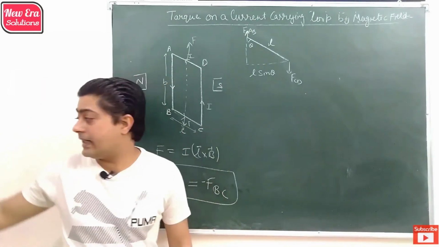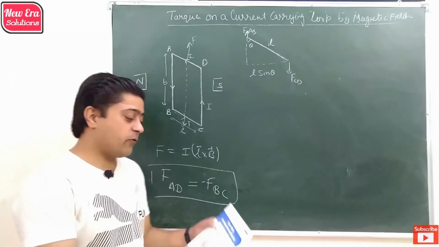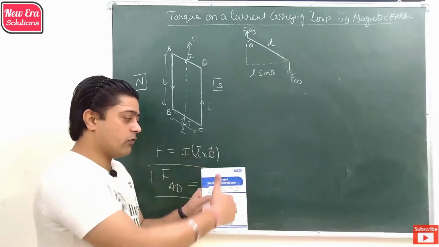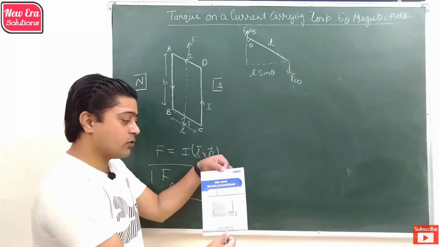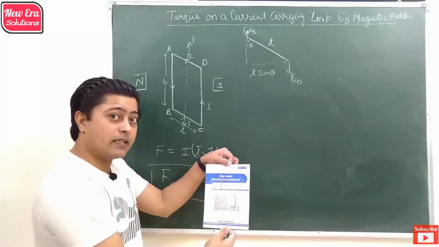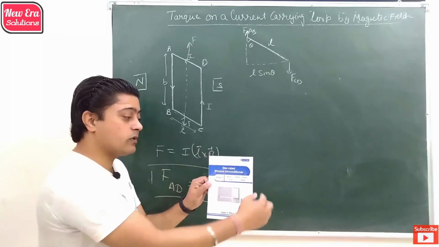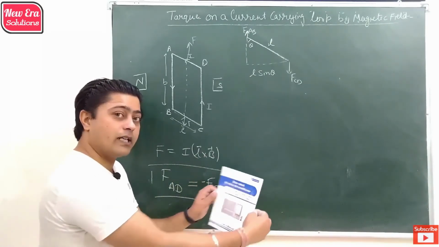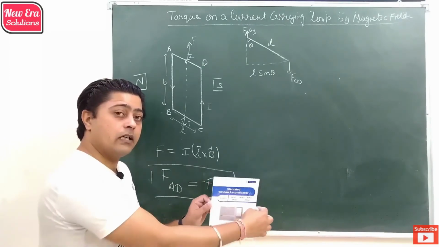To illustrate that, let's take an example. If we have a rectangular loop in which the force acts downward and upward along the same axis, it will not experience any torque. But if two segments experience the force in different lines, it can rotate the loop.